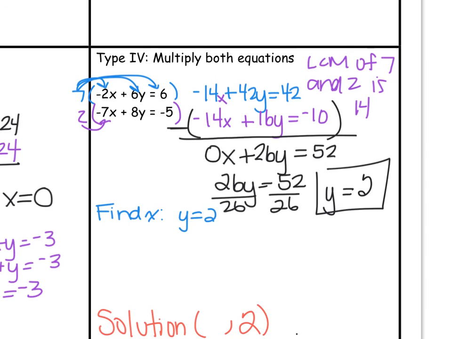So we want to pick one of these two. We don't want to pick this. So I'm going to pick negative 2x plus 6y equals 6. I'm going to take out y and plug in 2.